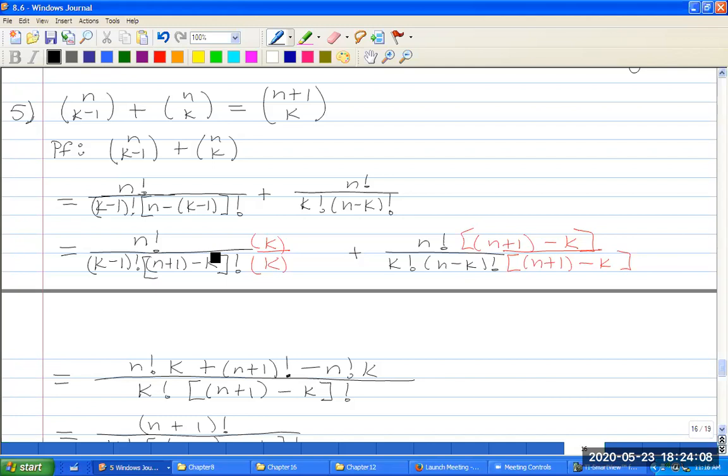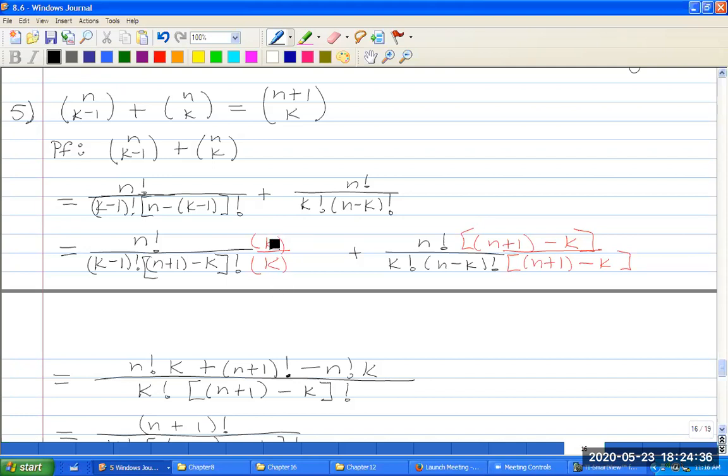So now let's find a common denominator. And so the common denominator will be n plus 1 minus k factorial and k factorial. So this term is already here. In order to get this term, I have to multiply the k minus 1 factorial by k. So let's multiply and divide by k.